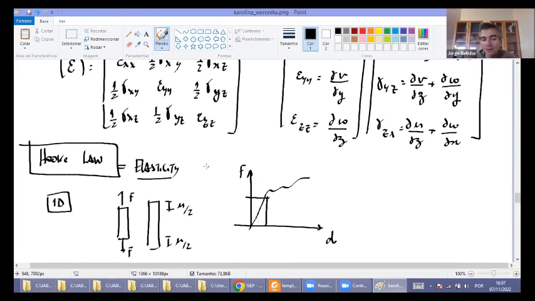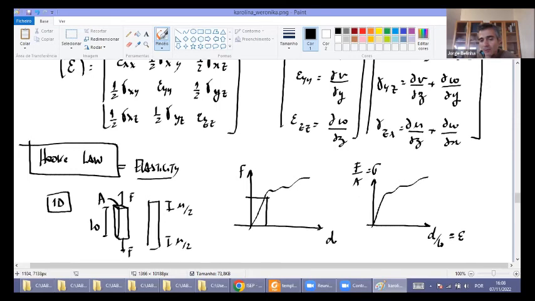If you divide your force by that area that is here, and if you divide this u by the initial length, you get the strain versus the stress. And the graph will be very, very similar. It's equal actually, but with different units.